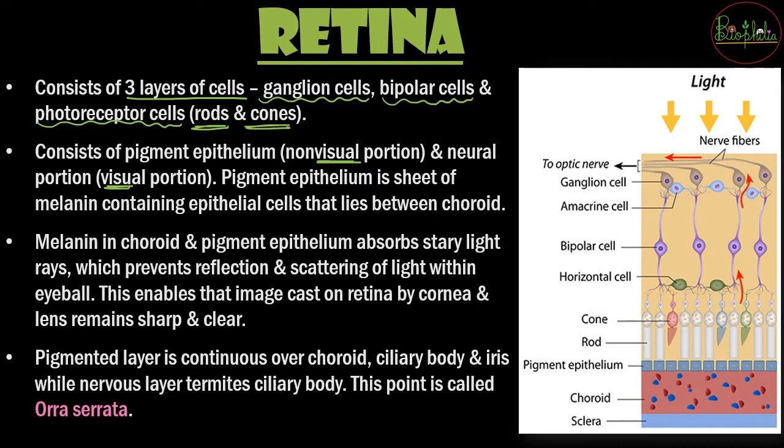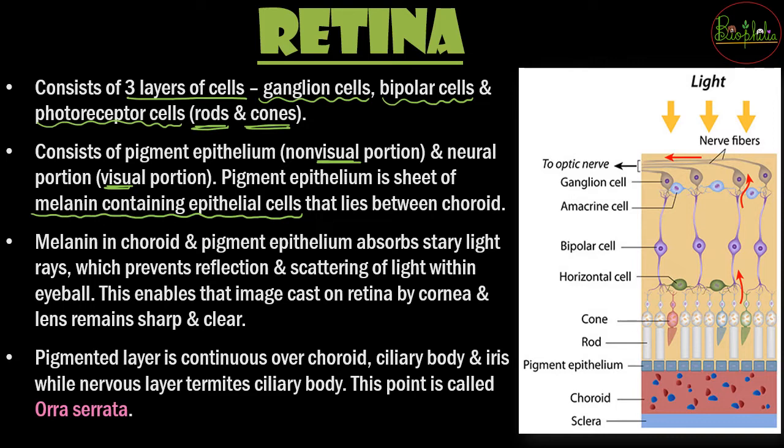What is in the pigment layer? The pigment layer is a melanin-containing epithelial sheet which lies next to the choroid. This melanin in the choroid and the pigment layer absorbs all the excess light.